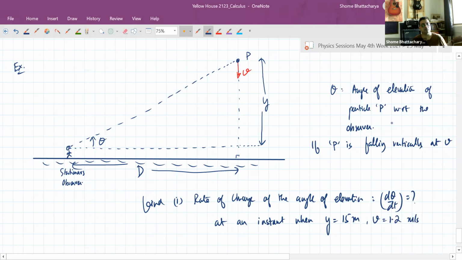Capital D is given to us as 20 meters. It's a fixed quantity.